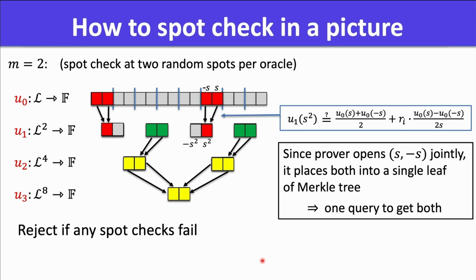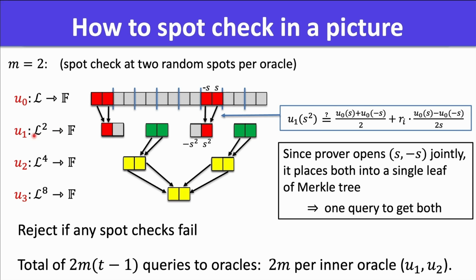So how many queries does the verifier need to do in order to do the spot checking? You notice that to u1, it made m queries for checking that u1 is correct. And then it made another m queries for verifying that u2 is correct. So there were 2 red queries for verifying that u1 is correct, and there are 2 green queries for verifying that u2 is correct. Overall, we made 2m queries into u1.